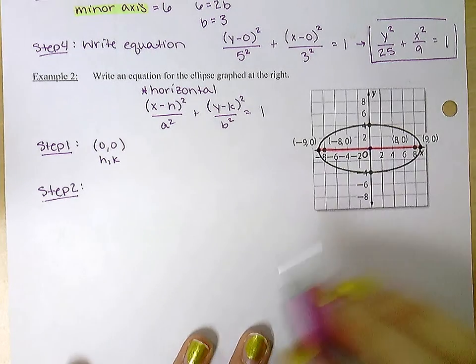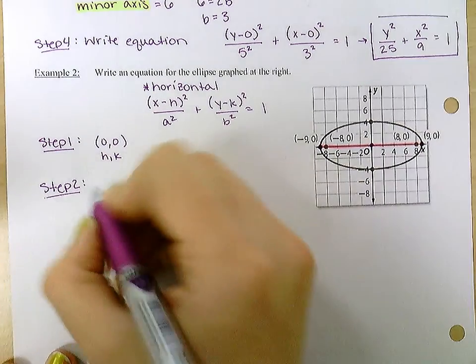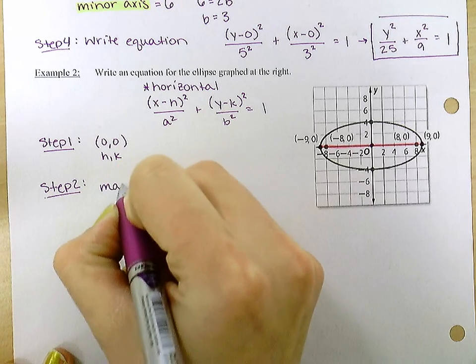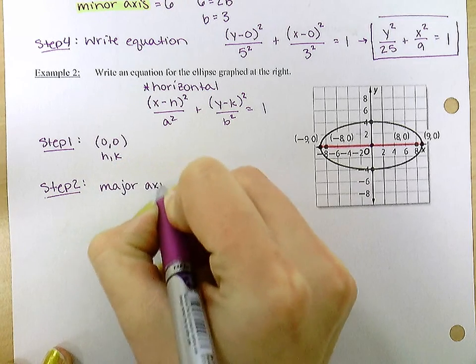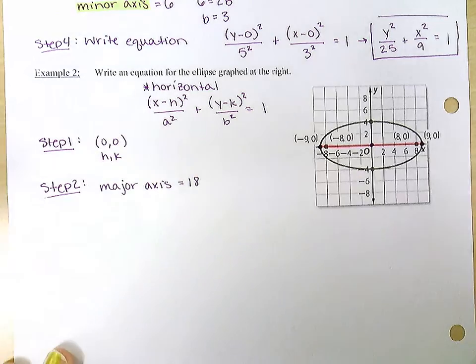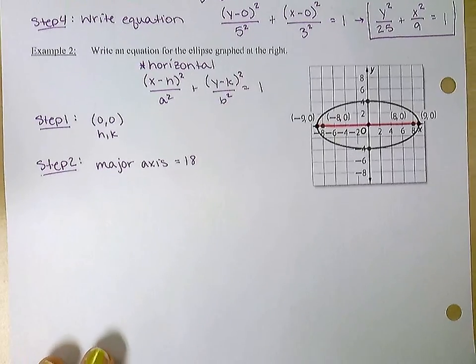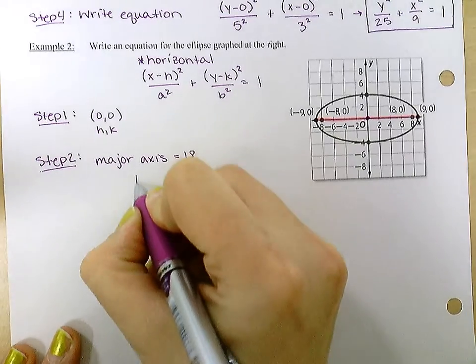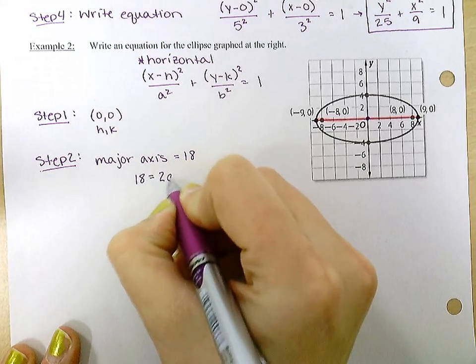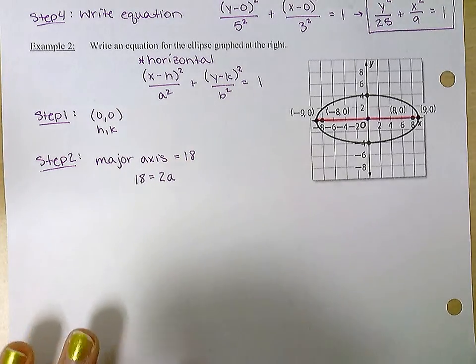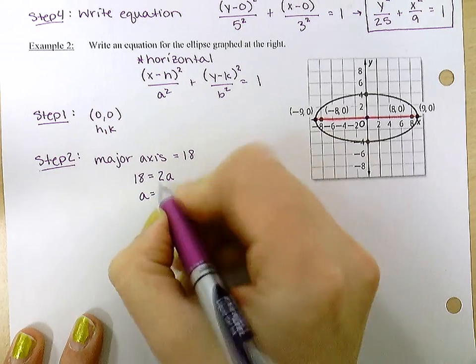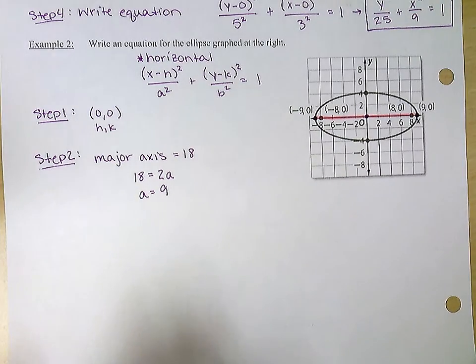So together, that's 18. Okay, so here our major axis is 18. So we would take 18 is equal to 2A. So A will equal 9.